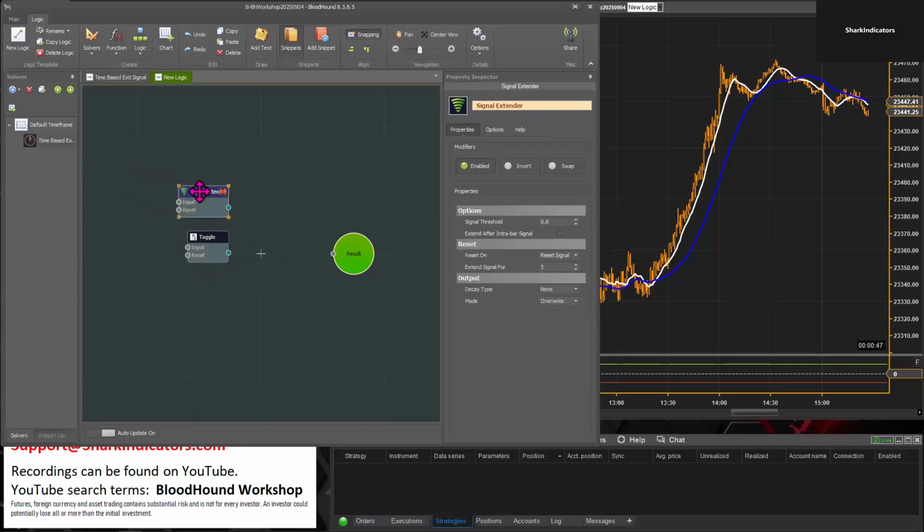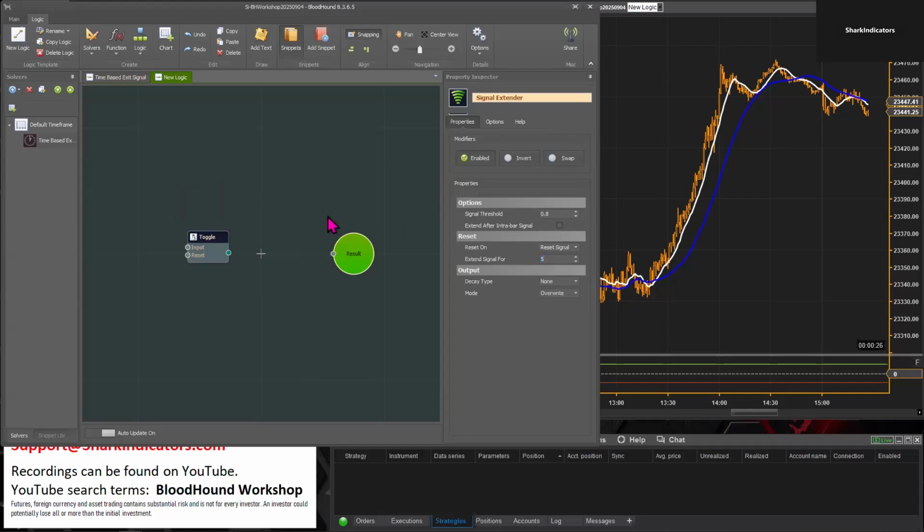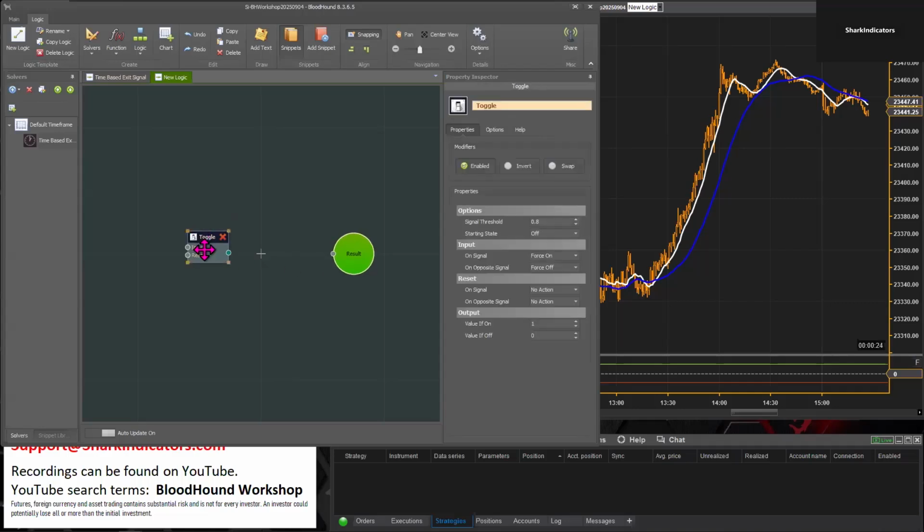The difference between the signal extender and the toggle node is that the signal extender is limited to X number of bars. It has a limited lifespan of extending, per the bar count here. Sometimes you don't want to limit that.